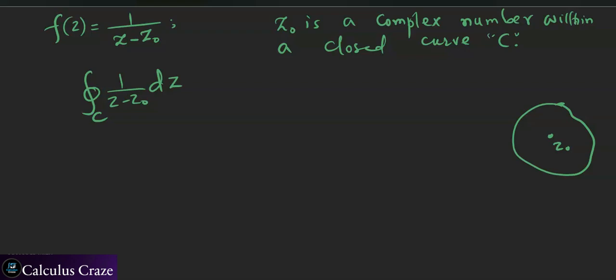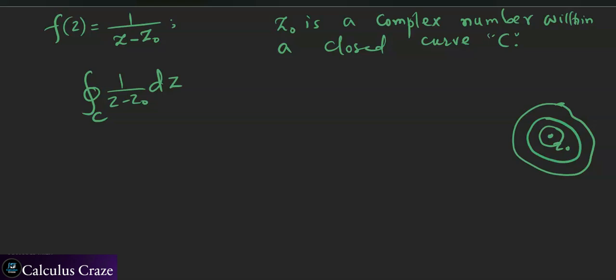Because the deformation principle allows me to consider any curve around this z naught, if I'm given a curve whose equation I don't know, then I can consider another equation on my own. So for my convenience I will consider a circle of radius r, centered at z naught.